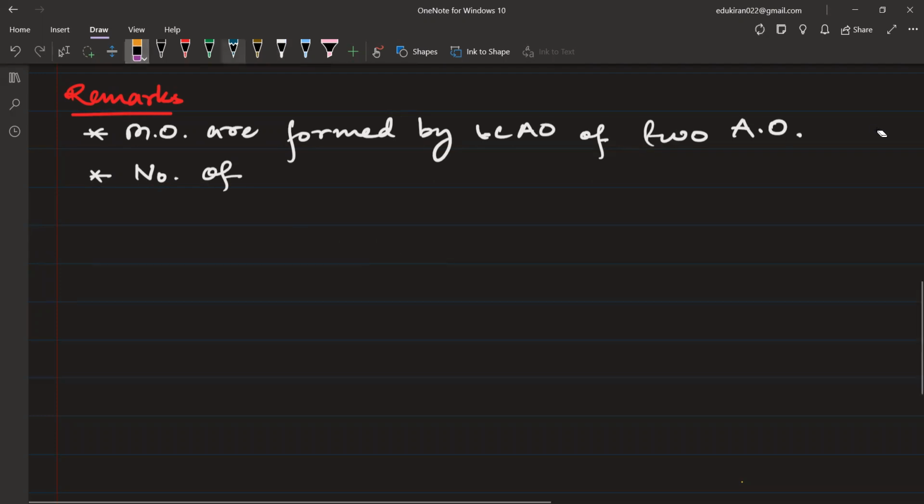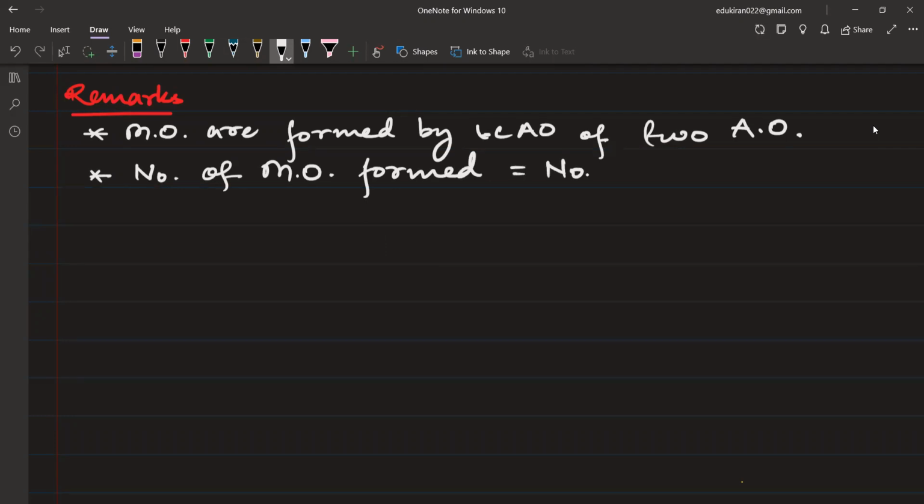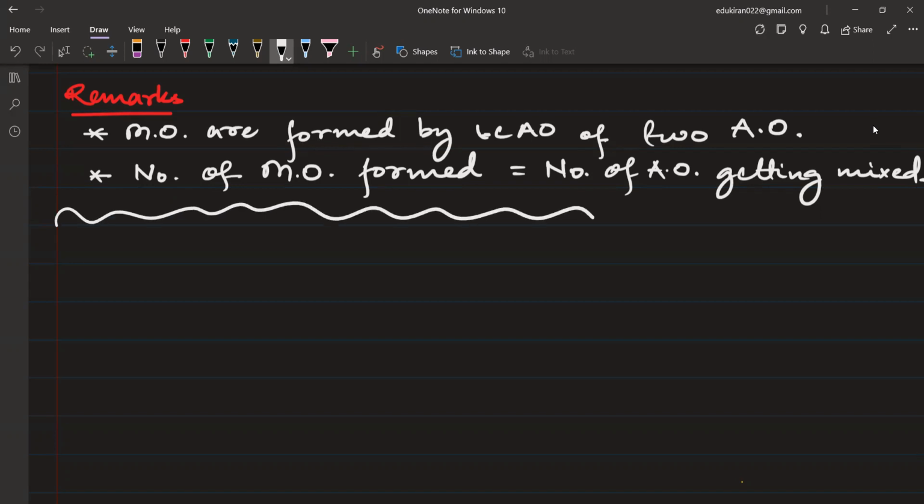You are going to get 2 molecular orbitals, and why that happens we will also see now. Number of molecular orbitals formed is equal to number of atomic orbitals getting mixed. Now, no one will write anything after this wavy line.